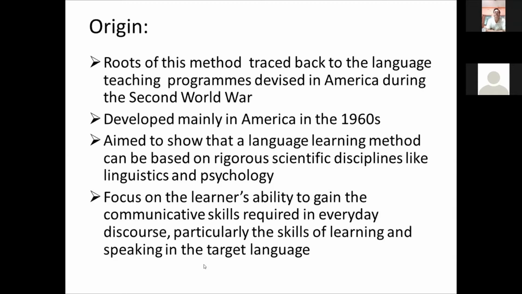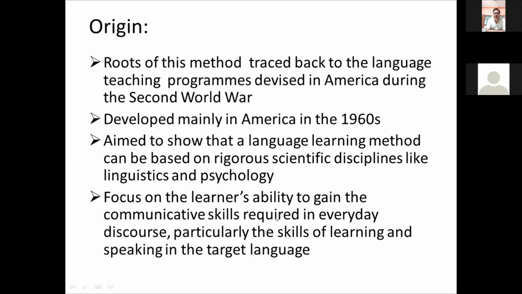As you know, during the Second World War, it was felt necessary for people who had to go to distant countries for military campaigns to learn English quickly. So for that reason, this method was introduced to enable American soldiers to master the language quickly. But this method actually developed in America in the 1960s and 1970s.